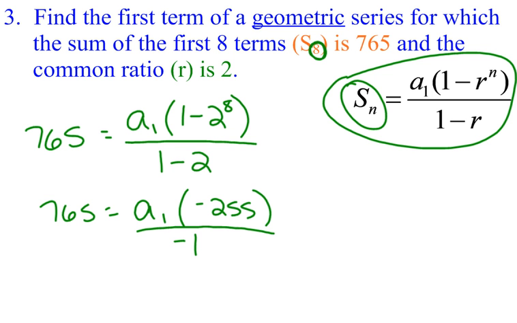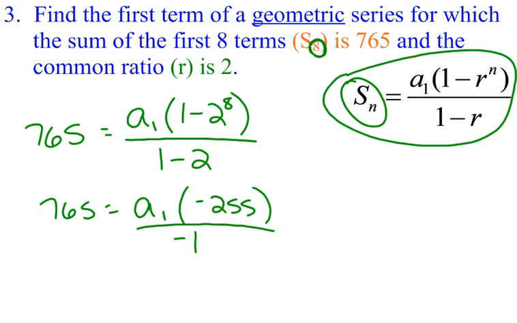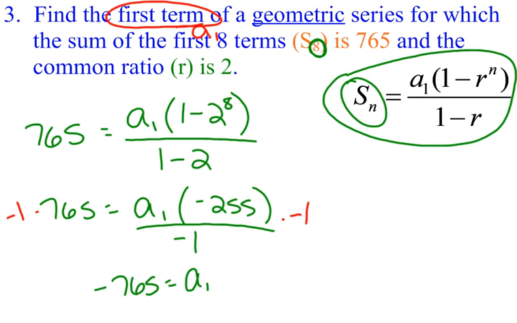over negative 1. So now I'm going to solve this equation for the first term, because that's what they had us looking for, right? I mean, we should have known that was our variable, because they said find the first term. That's A1. So now when I do this, I'm going to times both sides by negative 1 to get that out of the denominator. So I would have negative 765 equals the first term times negative 255.